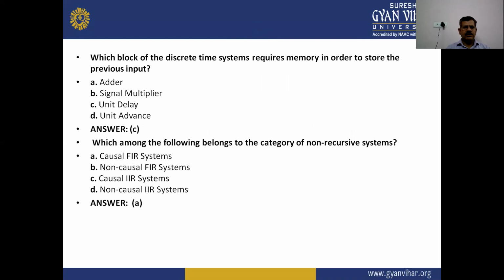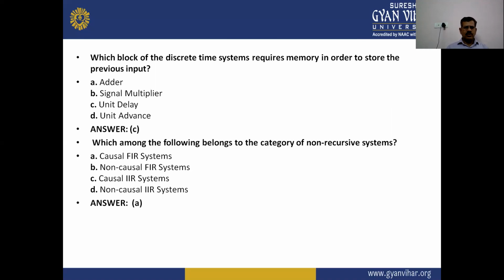In the next question, which block of the discrete time system requires memory in order to store the previous inputs? Option A adder, option B signal multiplier, option C unit delay, option D unit advance.